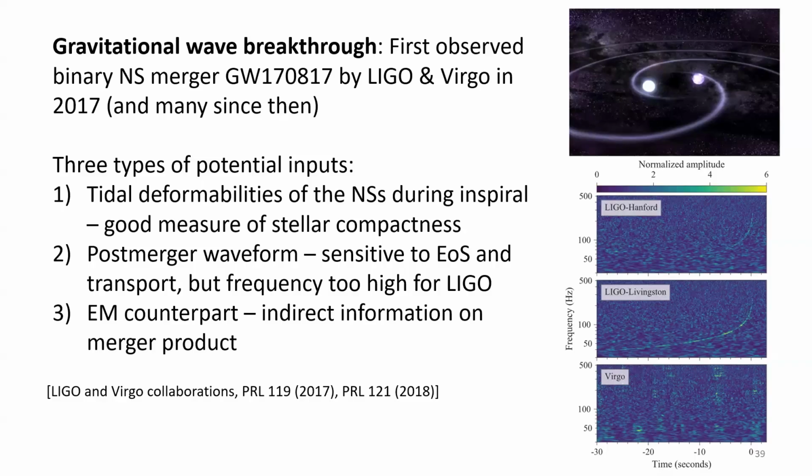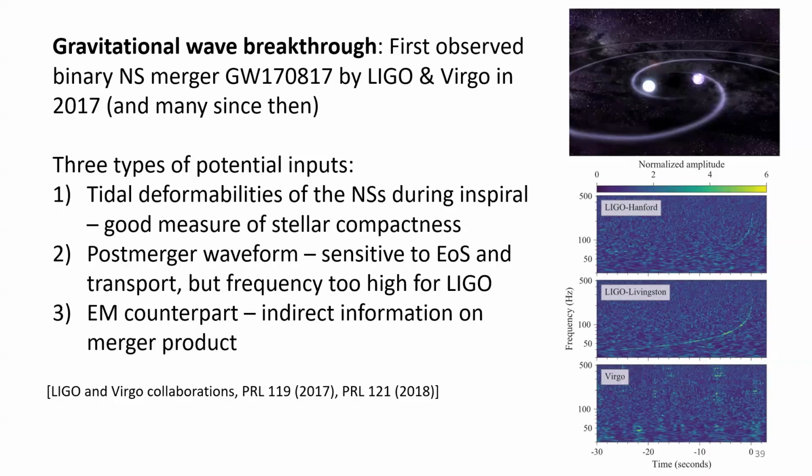Basically, the process where these two neutron stars are getting closer and closer to each other, going around each other at a frequency that increases in time, and when they get close enough to each other, then the intensity of the gravitational waves that are emitted grows very, very rapidly until at some point the two stars actually collide and produce a post-merger system.